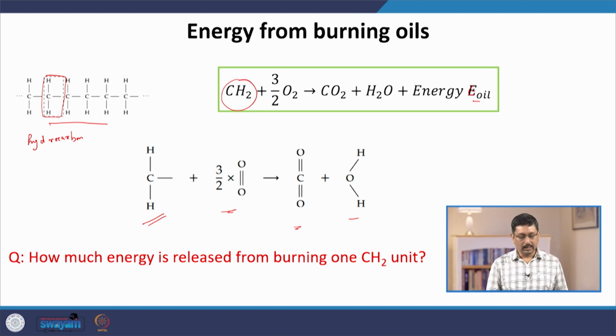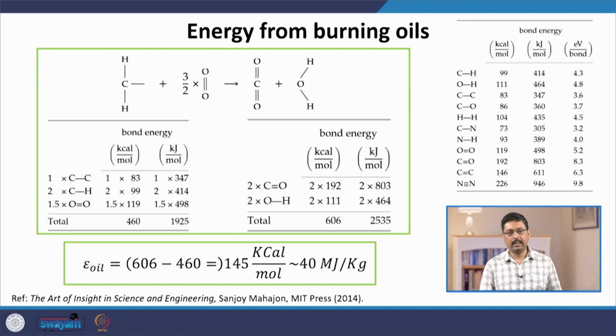So, the question is how much energy is released from burning just one such CH2 unit. This can be estimated if we know the bond energies of the different components involved in this reaction.